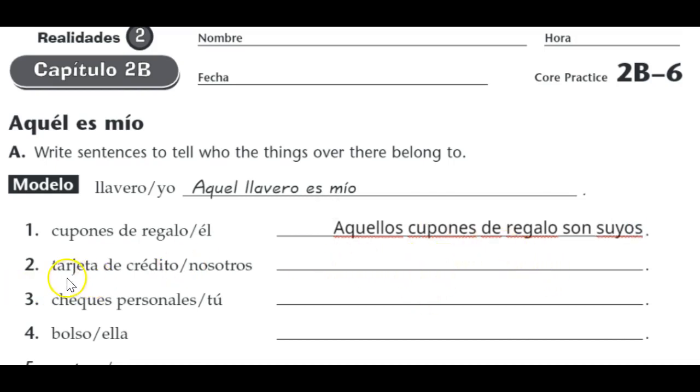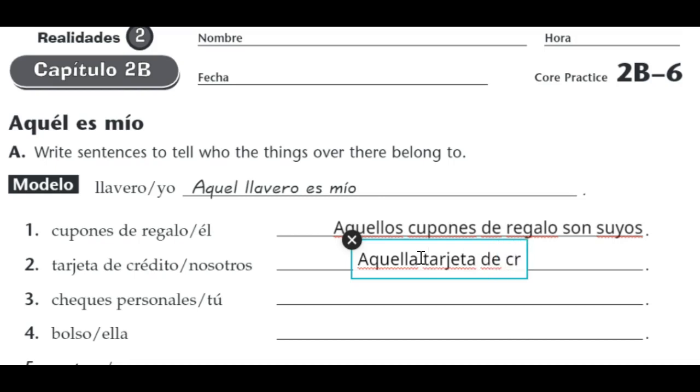Let's look at number 2. Tarjeta de crédito, right? Credit card. Nosotros. So we're going to say that credit card is ours, right? Aquella tarjeta de crédito es, right? It's es because it's singular, right?